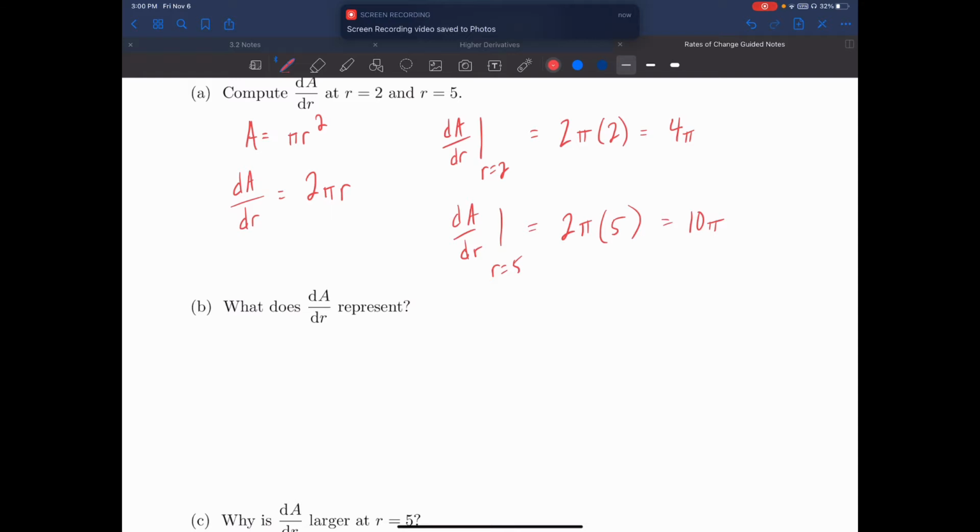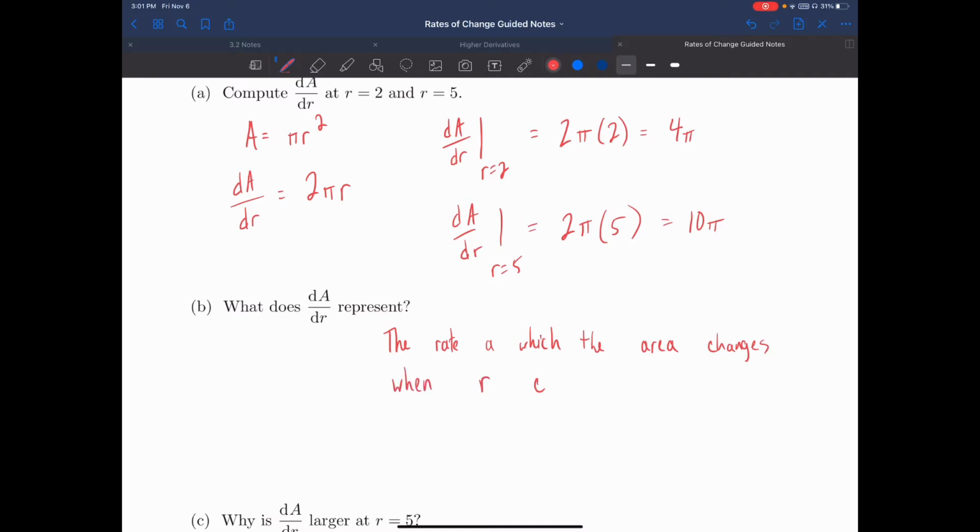I'm going to write that statement right here. That's the rate at which the area changes when r changes.